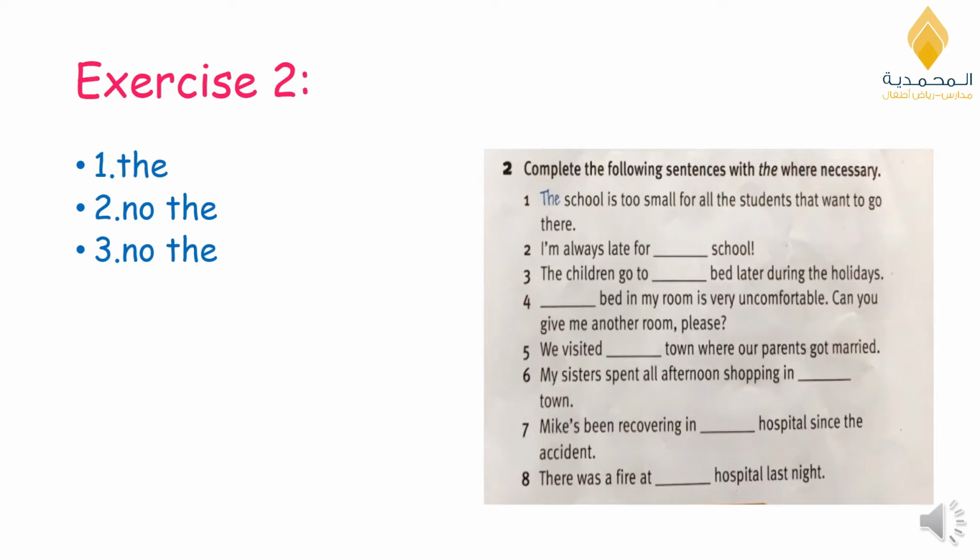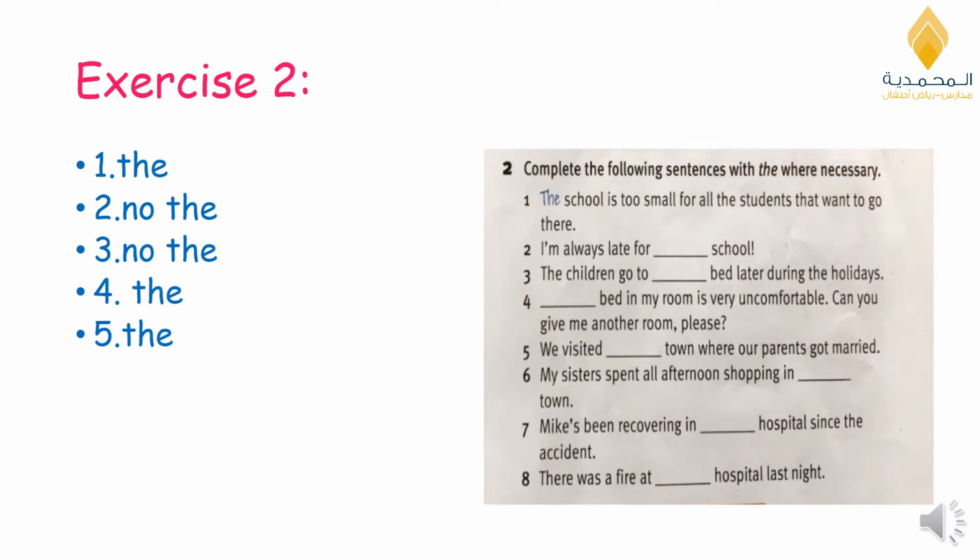Here I'm talking about a specific bed which is known to the people who are working in the hotel. So here I have to use the bed in my room. Number 5, "We visited the town where our parents got married." Here I'm talking about which town? The town where our parents got married. So I have to use the in sentence number 5.